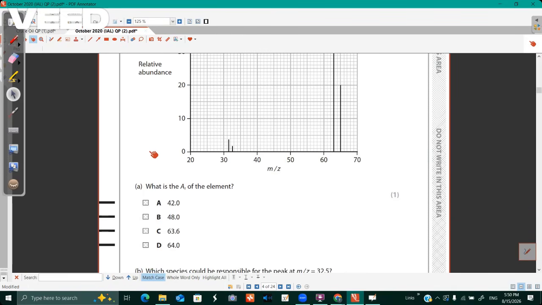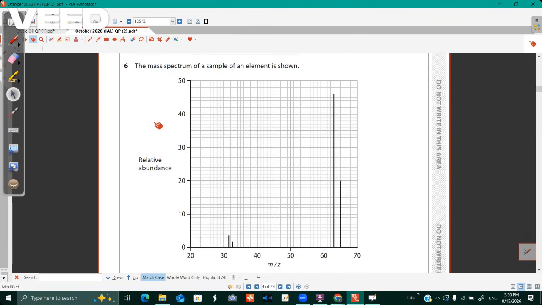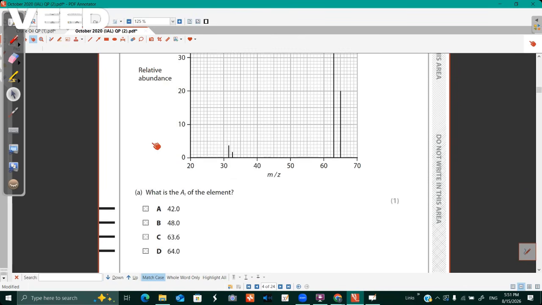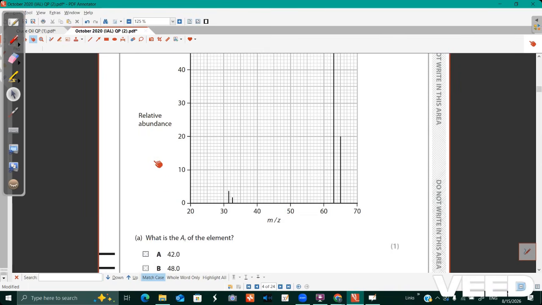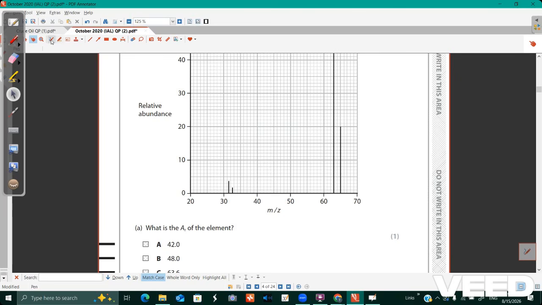Sixth one, what is the AR of the element? Our relative abundances are given here. So AR is what? You can get the molecular ion peak, right?